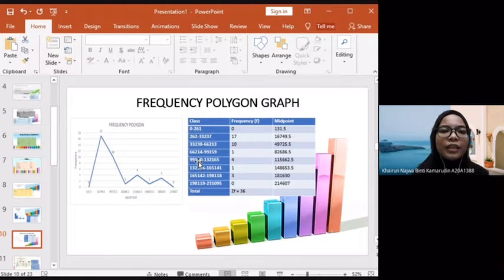The graph starts at the frequency of 0, while the midpoint is 131.5, and it will end at the frequency of 0, while the midpoint is 214607. The graph connects its points from left to right.